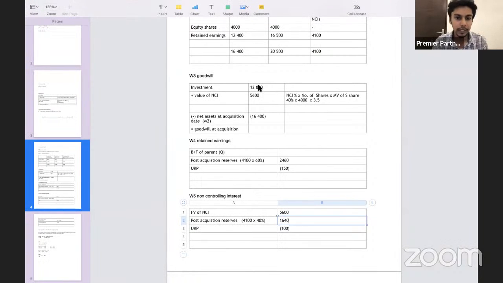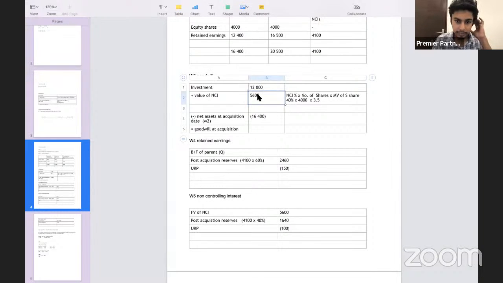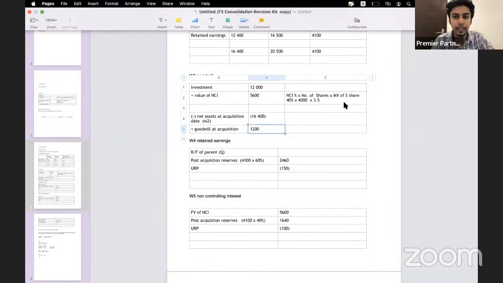Now let's calculate. 12,000 plus 5,600, 17,600. 17,600 minus this 1,200 is the goodwill. Is that correct? Yes. Over here, retained earnings brought forward of parent. I forgot to take that from my question, so I'll mark that one from here.